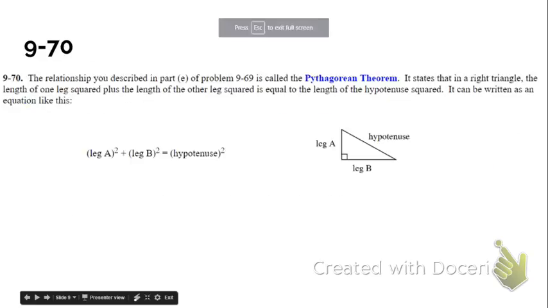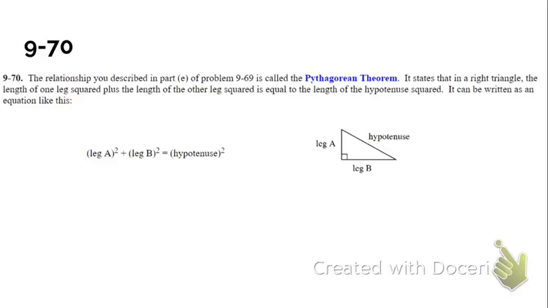Okay, 970. Now we see that written out down here in more algebraic form. The relationship you described in part E of problem 969, that's what we call the Pythagorean theorem. We're saying that the area of this square plus the area of this square will equal the area of our largest square.